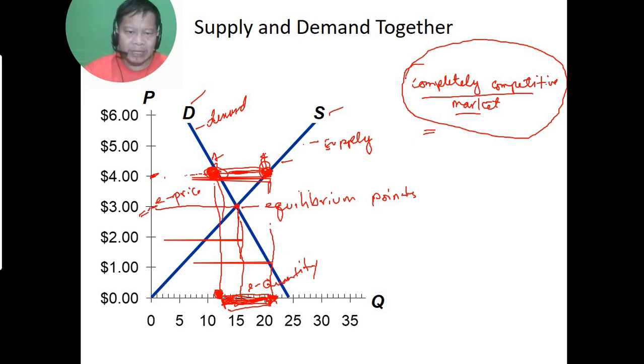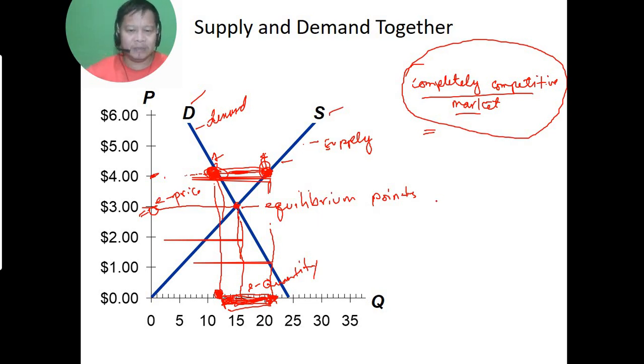Sa ato pa, in a completely competitive market, it is the interactions of demand and supply that determine the price sa mga produkto and also that determines the quantity to be produced. Sa ato pa, ang production dapat should be determined by the interaction between demand and supply.